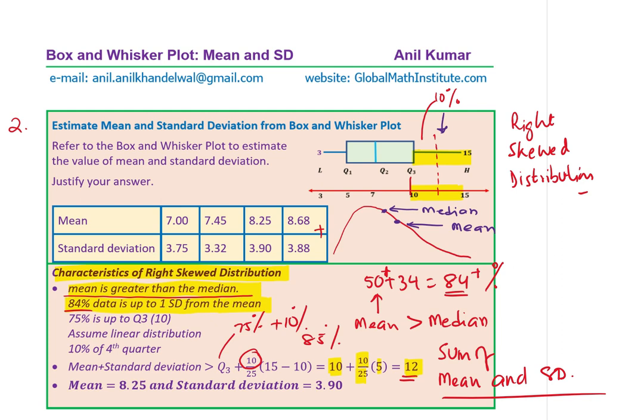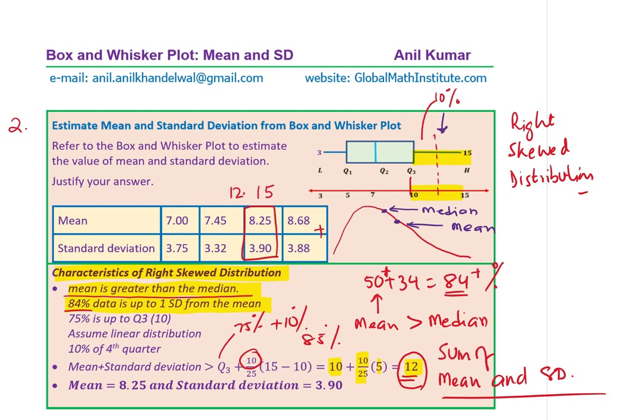Now, using these combinations, if you add 8.25 and 3.90, what do you get? You get 5, 2 and 9 is 11, and then we get 12.15, correct? So 12.15 is closest to what we estimated, 12, and therefore that becomes a good combination.